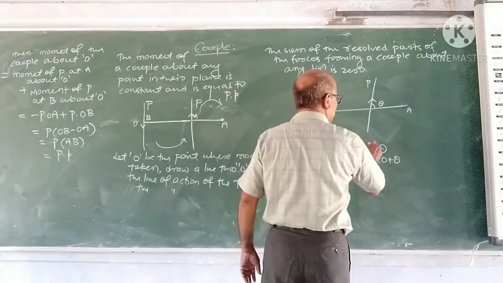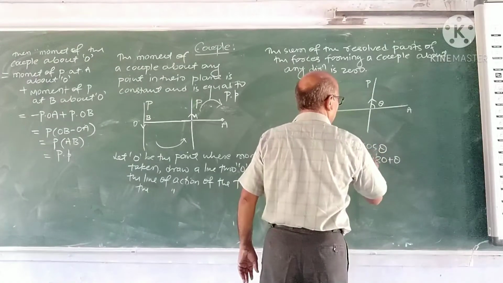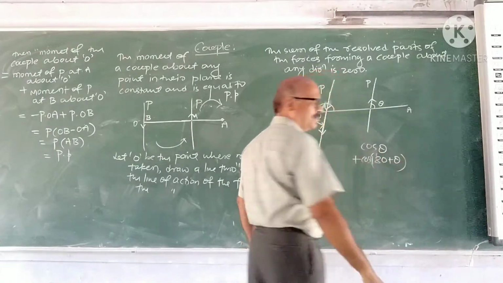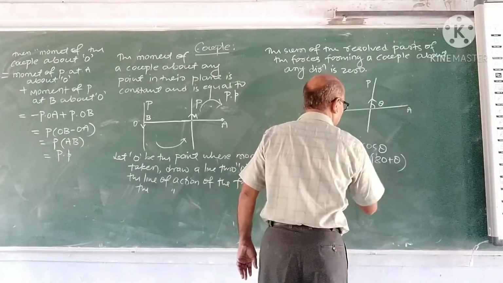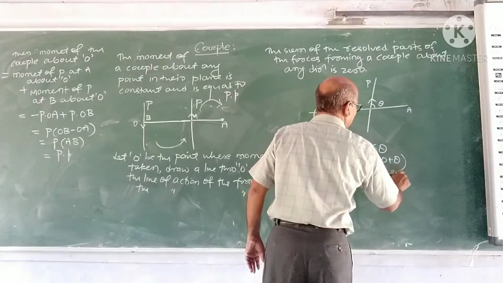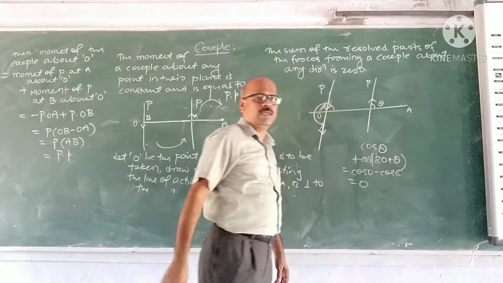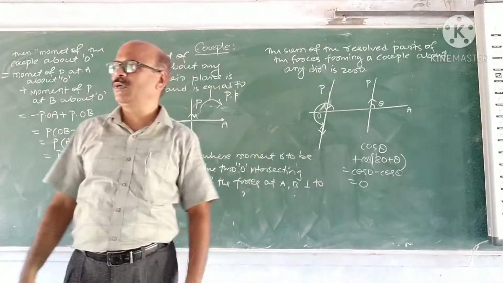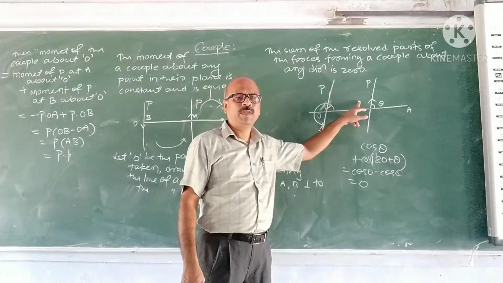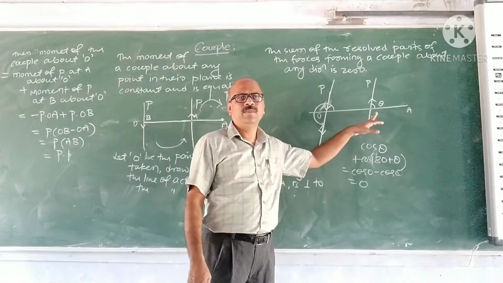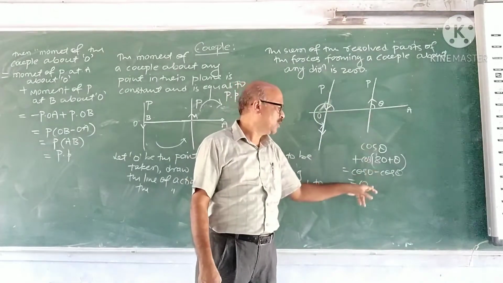What are the resolved parts? Cos theta plus cos of 180 plus theta, so it is cos theta minus cos theta, which is 0. Therefore, the sum of the resolved parts of the forces forming the couple about any direction is always 0.